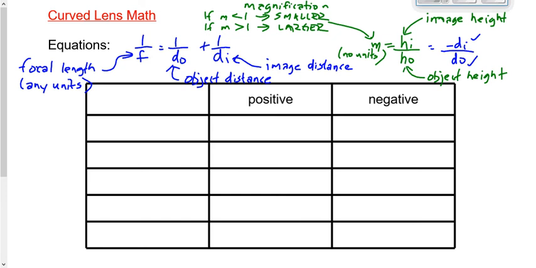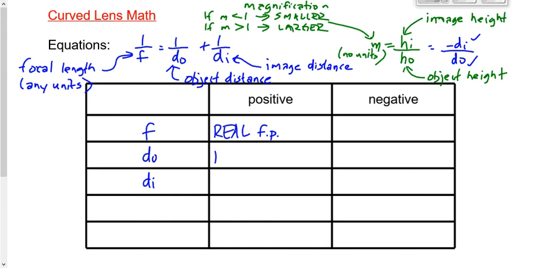I want to complete this table now to show us when these variables should be positive and when they should be negative. You're going to see why I've color-coded these, blue and green. All the variables in blue here, F, DO, and DI, have a similar reason for being positive or negative. They will all be positive if they are real. If we have a real focal point, the focal length will be positive.